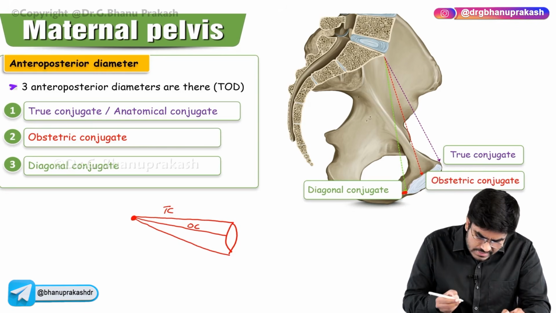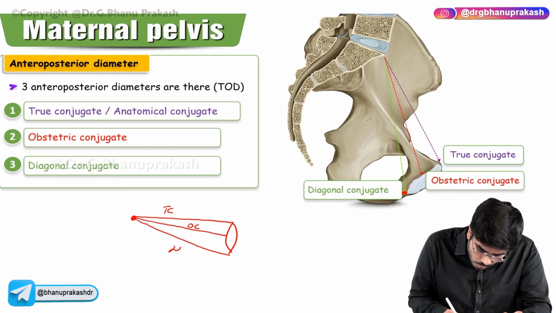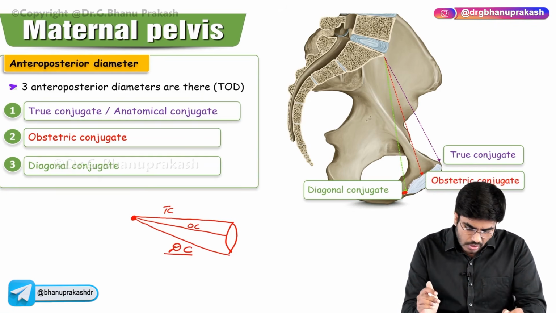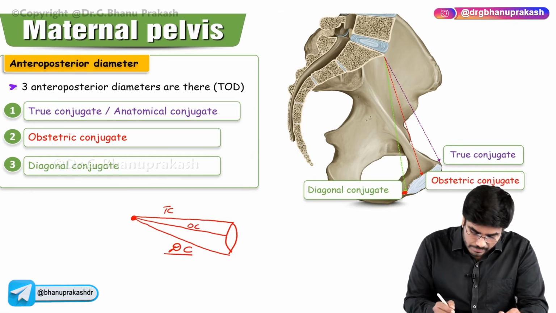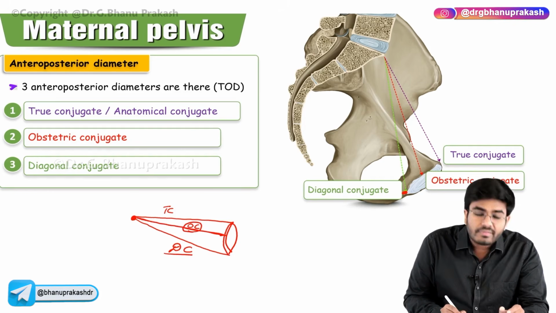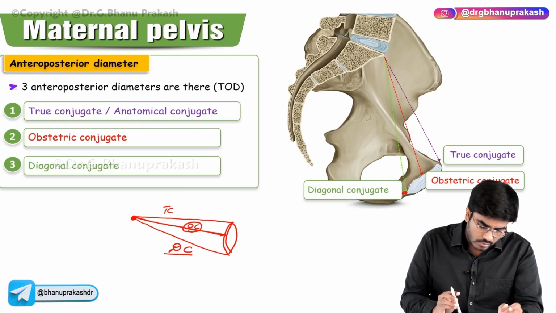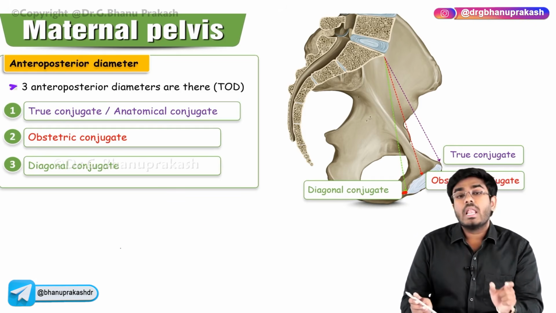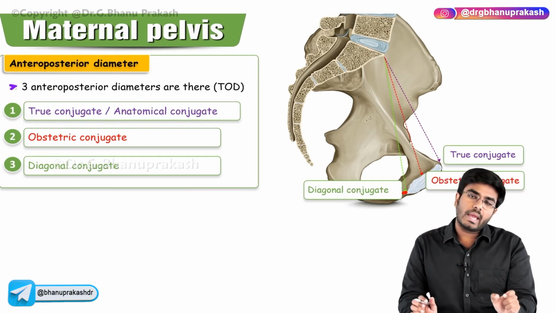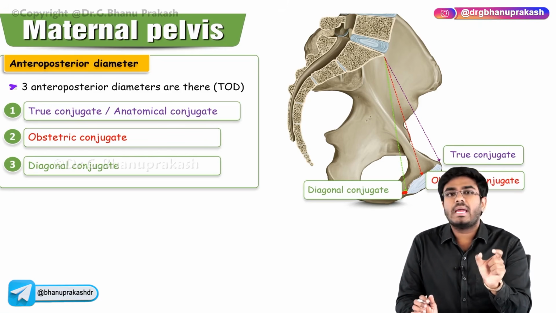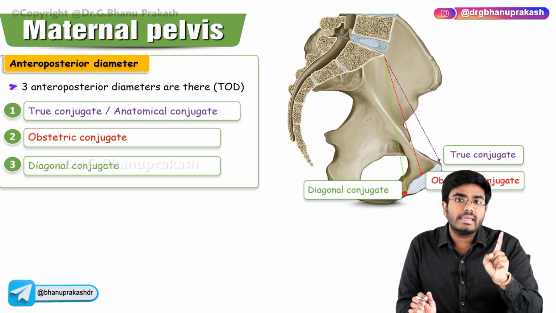It's very simple: the last one, the diagonal conjugate. And which has the shortest diameter? The obstetric conjugate, because it comes like this, so the length will be much less. So one important point is that the diagonal conjugate is the largest antero-posterior diameter and the obstetric conjugate is the smallest antero-posterior diameter of the pelvic inlet.